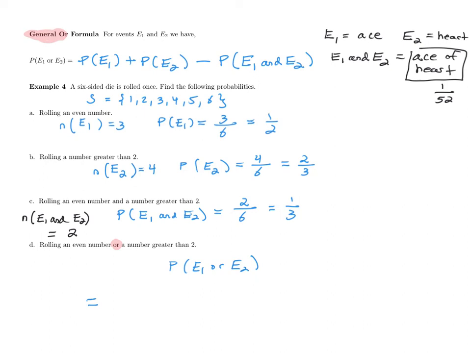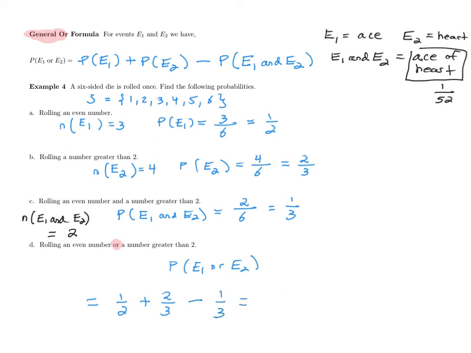Its corresponding probability is a half. To that, I will add the probability of E2, which we found was 2/3. But because they have things in common, if we simply count these two things, we've counted too much stuff, and we need to subtract some of it. The amount that you subtract is the overlap, which is 1/3.